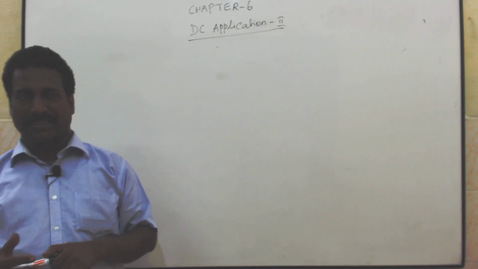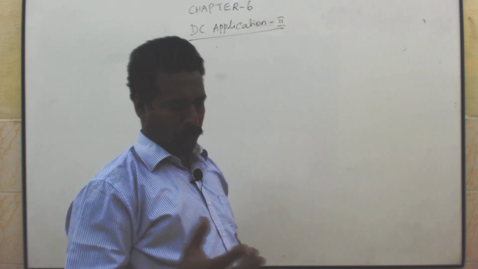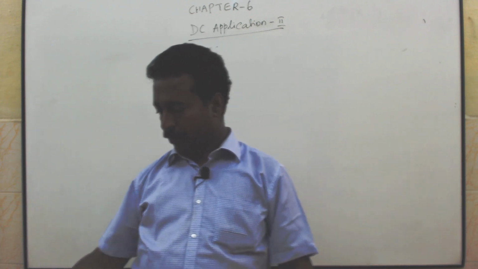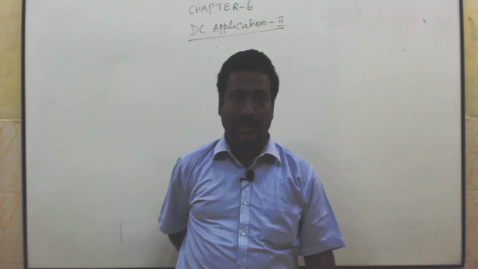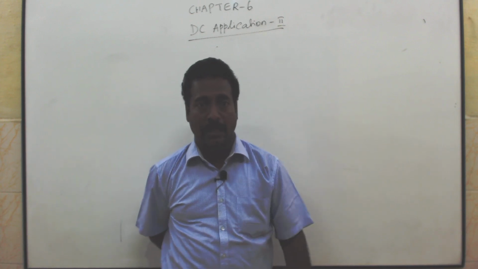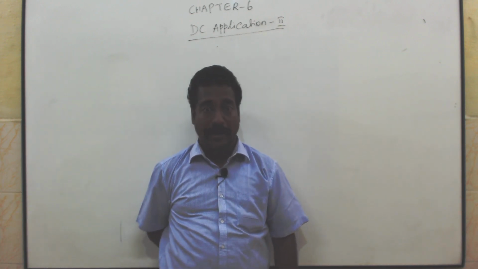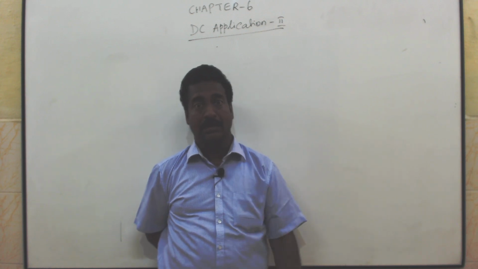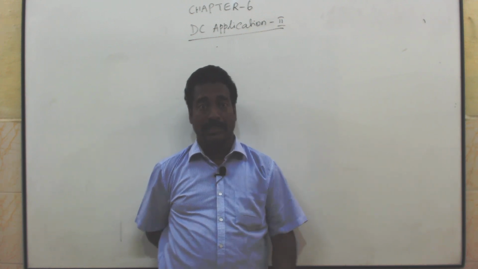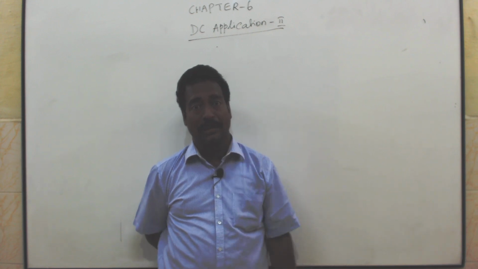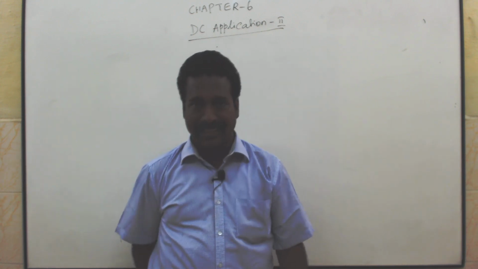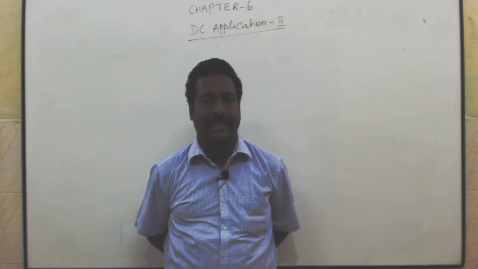The last question, same method we will try. First we have to find out dou w by dou x. If we calculate dou w by dou x, xy differentiation is y. Dou w by dou y, xy differentiation with respect to y, x. Dou w by dou z, z differentiation is 1. Dx by dt, cos t differentiation is minus sin t.